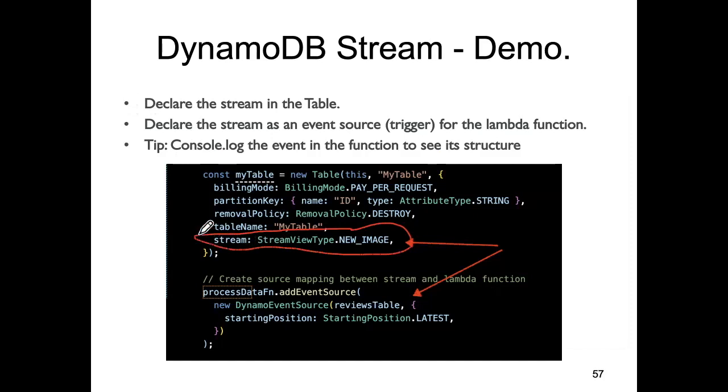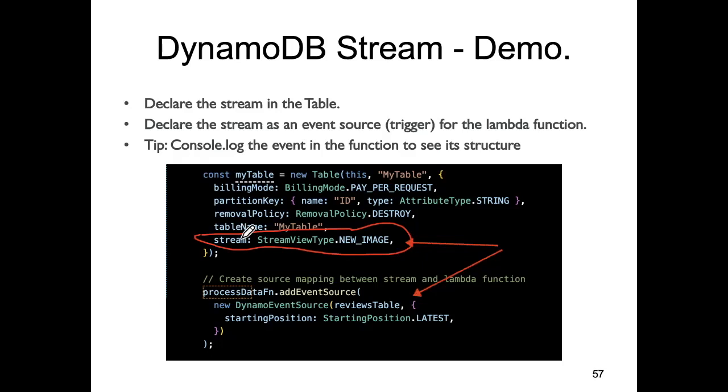If you don't include this property in the configuration of your table, then DynamoDB won't maintain a stream, so there'll be no stream that the Lambda service can poll. So that's what we're doing here. We're just saying maintain a stream.